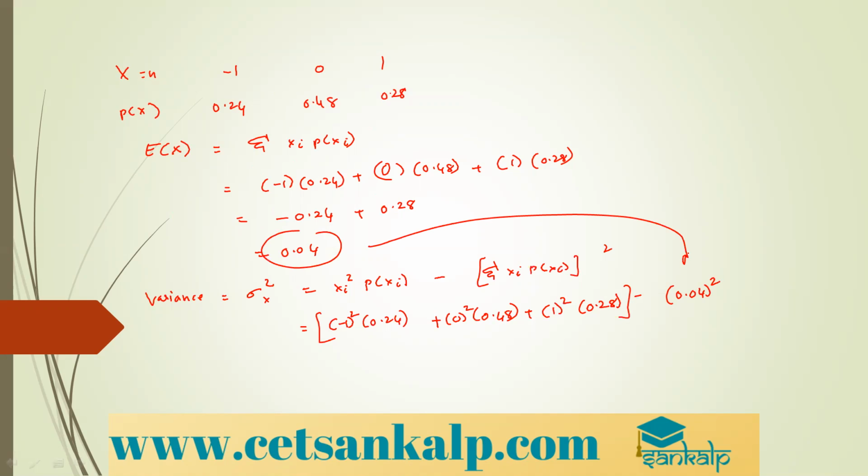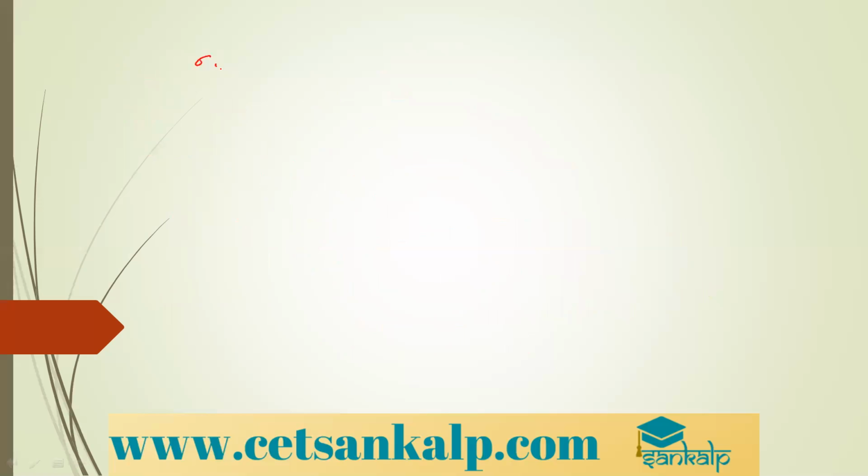This I'm writing here. So this will give me 0.24 plus 0.28 minus 0.04 whole square. And this will be 0.52 minus 0.0016. This is 0.5184. So in this way, I got sigma x square as 0.5184.